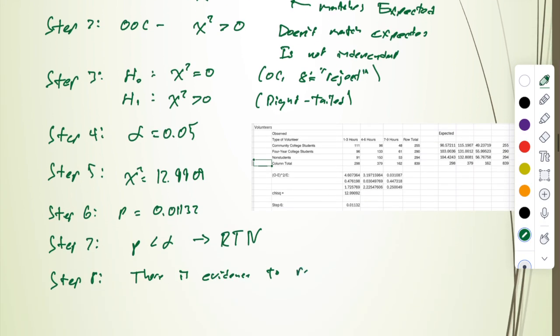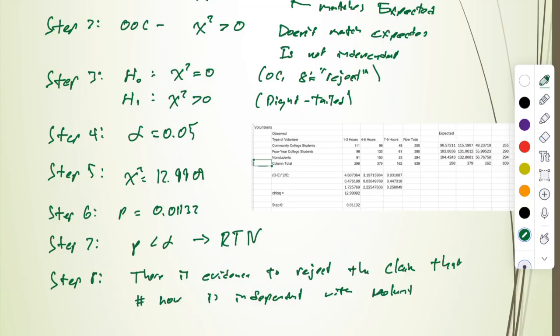There is evidence to reject the claim that number of hours is independent with volunteer type. Okay, great, we did it.